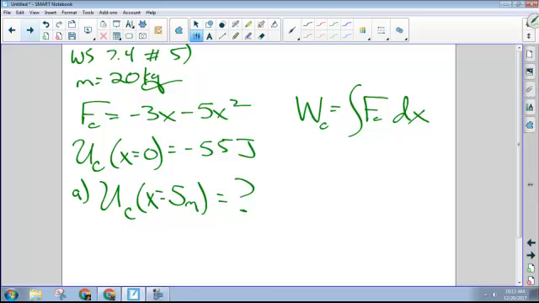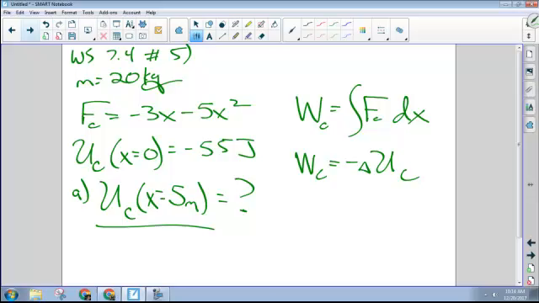And I also know that the work done by my conservative force is equal to the opposite of the change in potential energy due to that conservative force. All right? So what I need to do is see if I can figure out a way to find out how much potential energy I've got here. So all of you guys are saying to integrate.